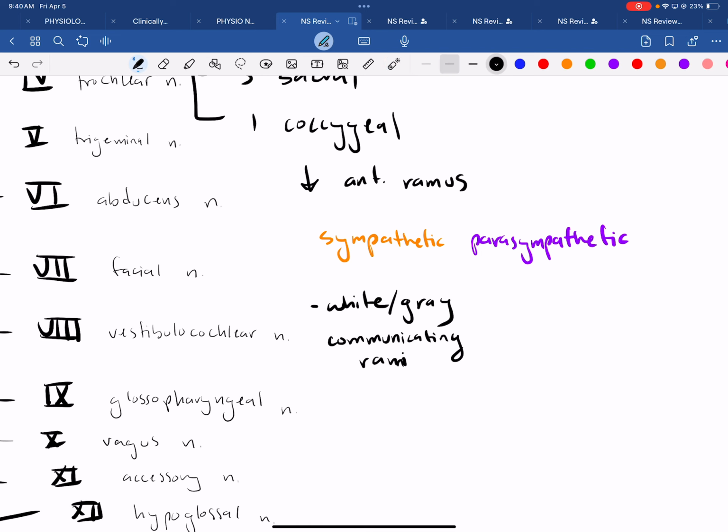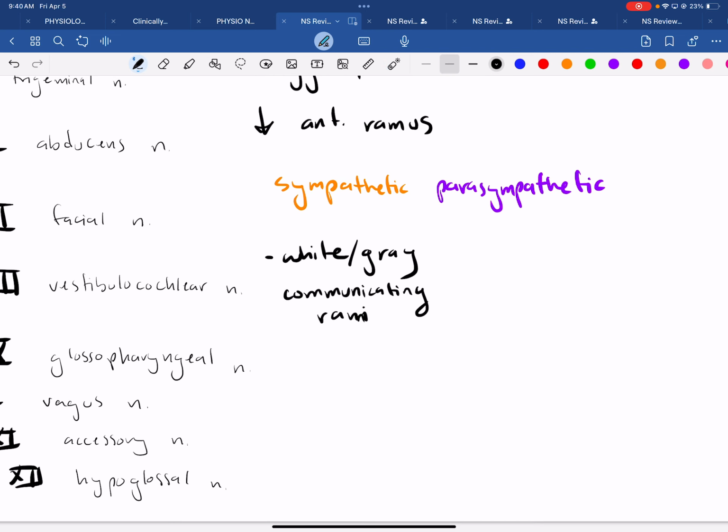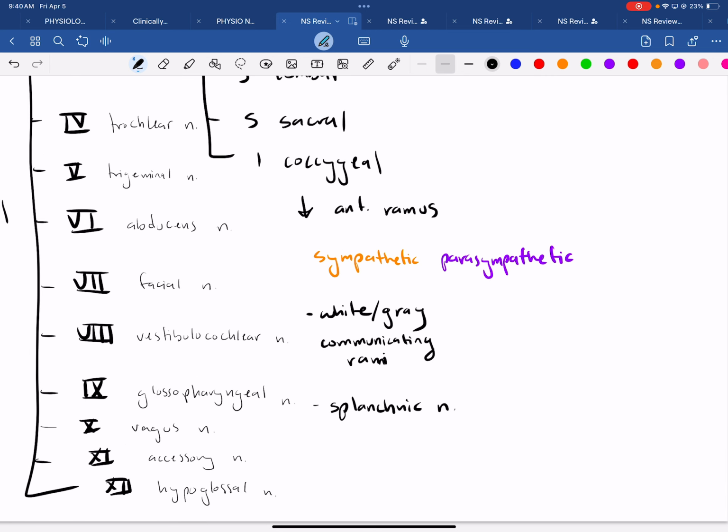And then those go into a ganglion, but these are nerves, so we're not naming that. And then coming out of that sympathetic ganglion is something called, you probably don't have to know this, but for completeness, we're just going to put this here. Some of your instructors talk about the splanchnic nerves.